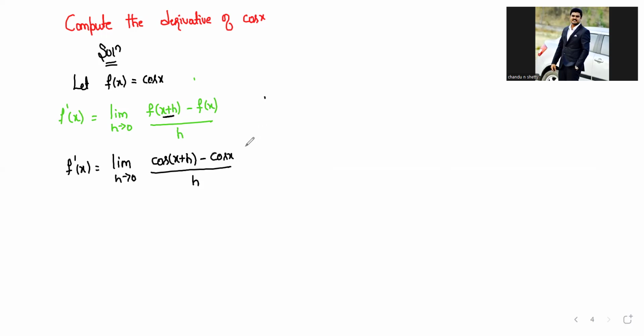Now, we all know the formula of cos x minus cos y, which is minus 2 sin of (x plus y) by 2 into sin of (x minus y) by 2. We know this formula. So now observe, f dash of x equals limit h tending to 0.